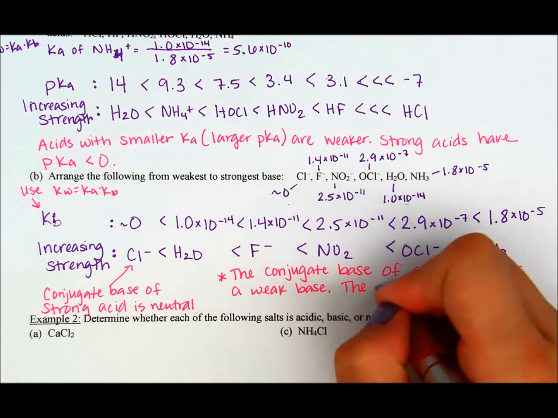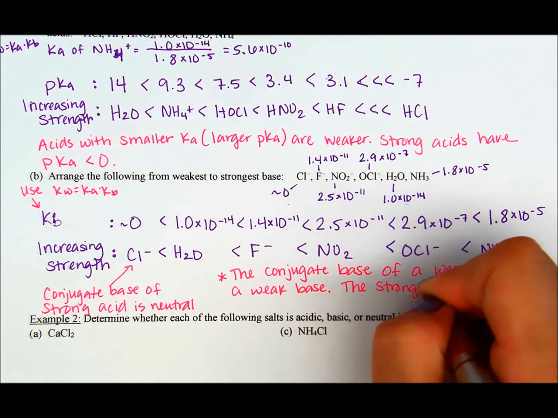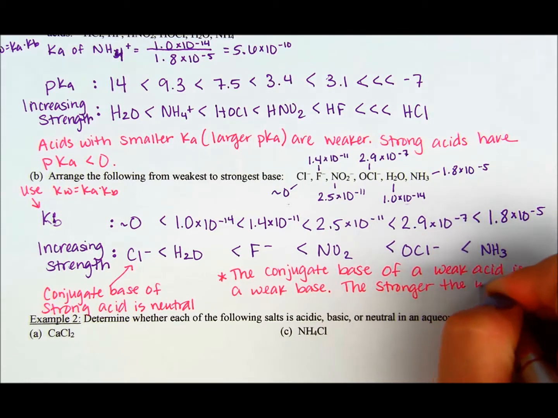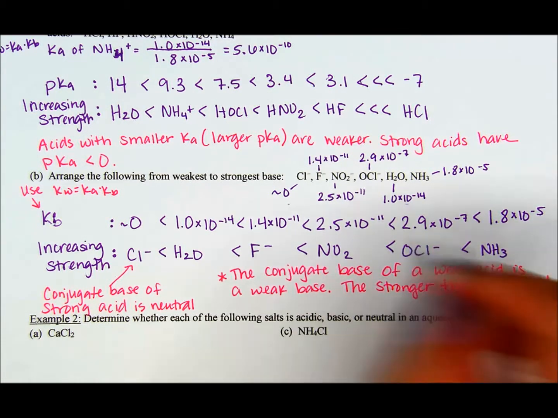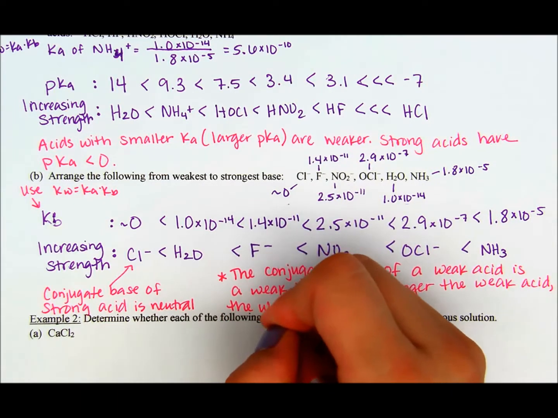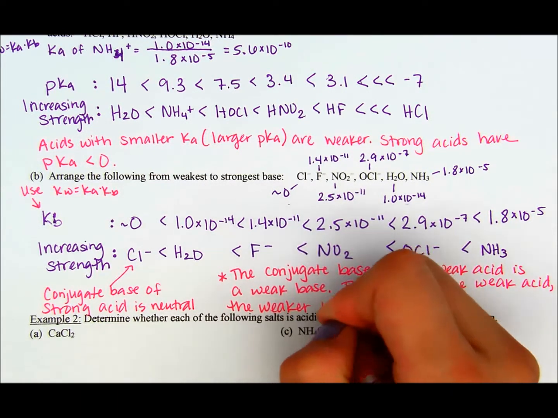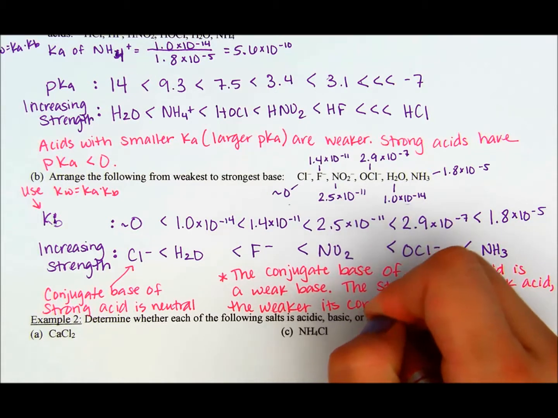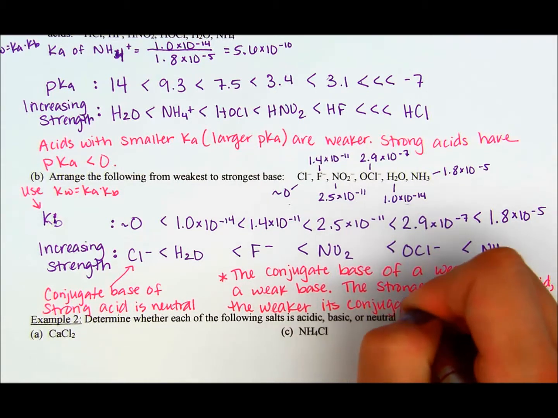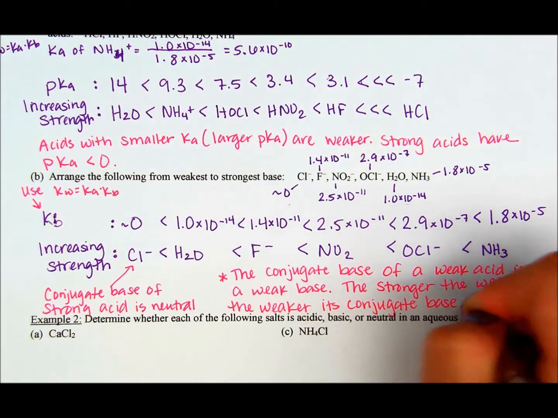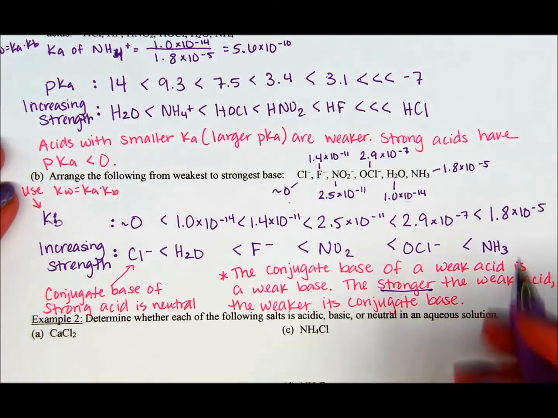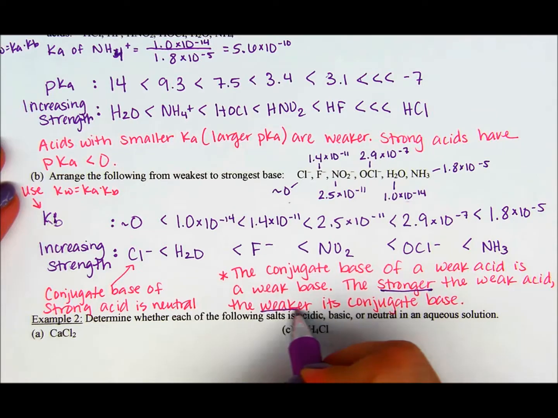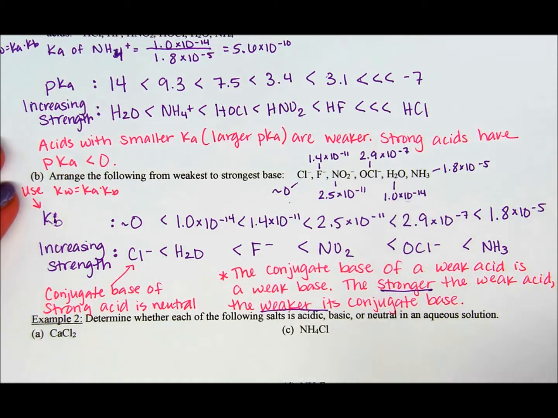The stronger the weak acid, the weaker its conjugate base. So the stronger the weak acid is, the weaker its conjugate base is. So that's why you'll notice here these are pretty much flipped.